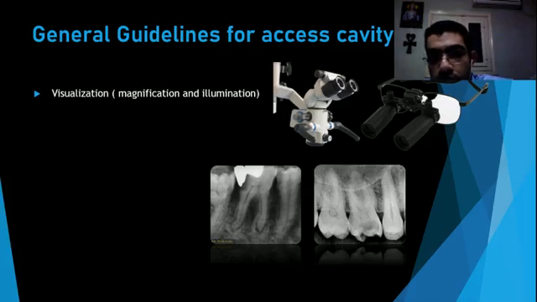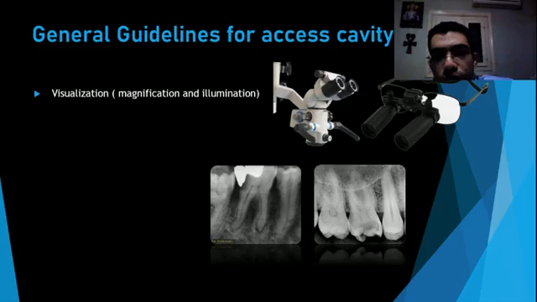Also, with the advanced types of light, we are able to see a lot of details during our treatment. So, of course, the more you can see, the more you can do.